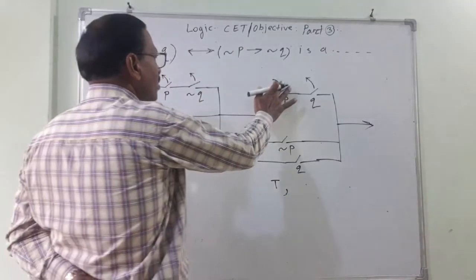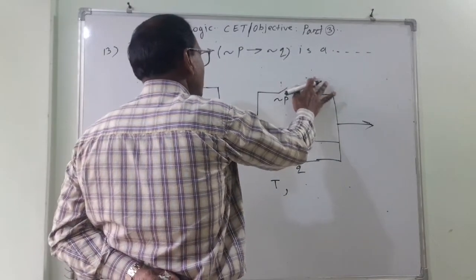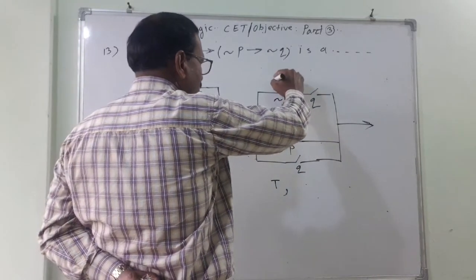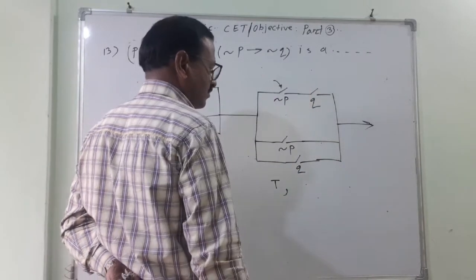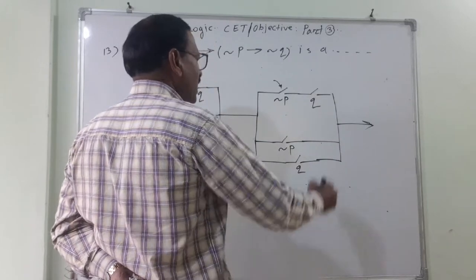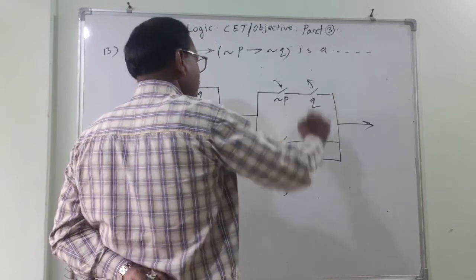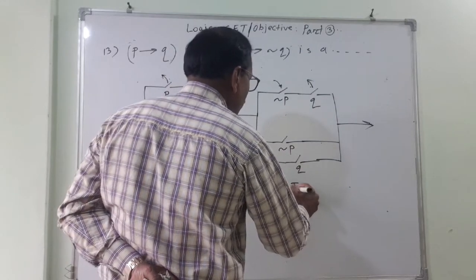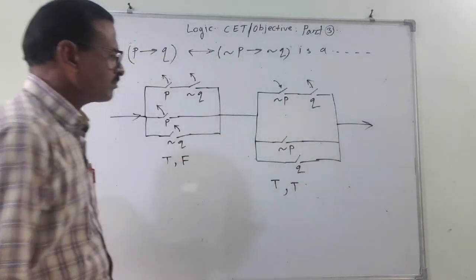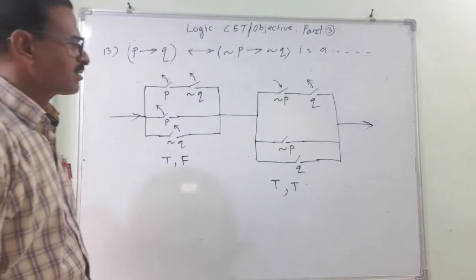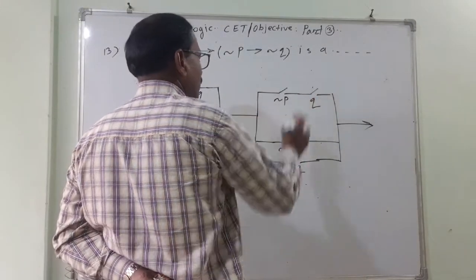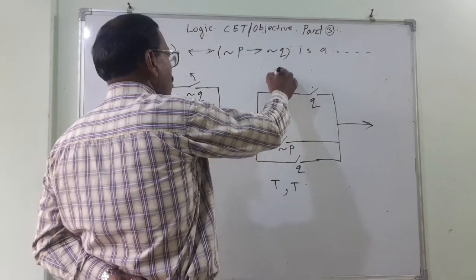Now we'll go for the second case. Now this is on like this, and this is off. The current will go through this. So this will be true. It is the AND circuit. Now this is also off.